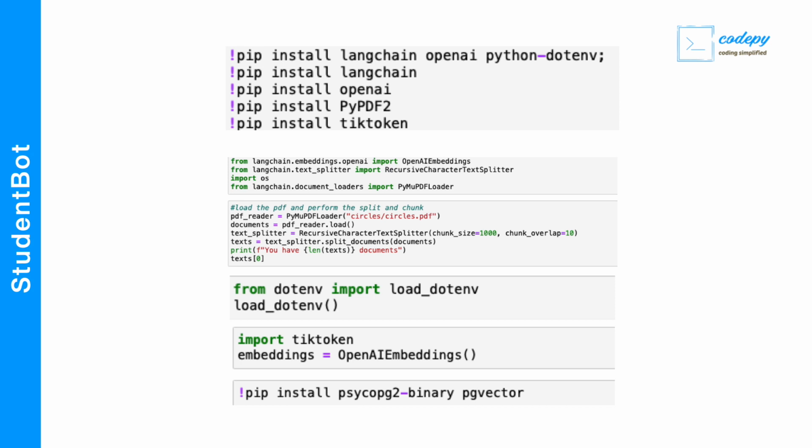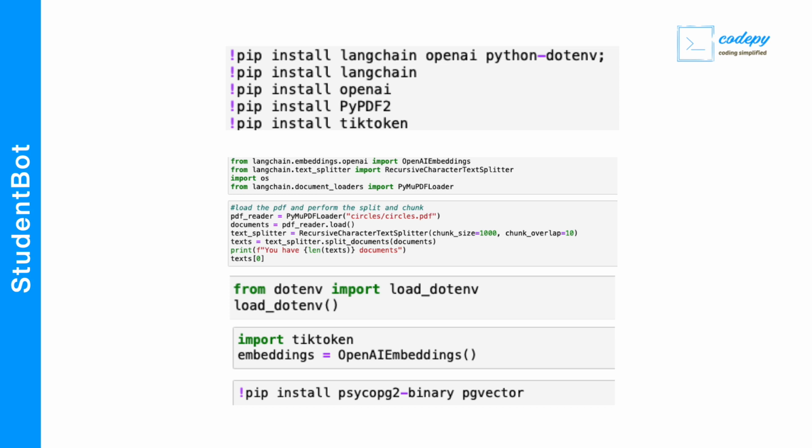So the packages we have used: Langchain, OpenAI, Python, dotenv. dotenv is for loading the environment variables. So pip install Langchain, OpenAI, PyPDF2, which I have used for a specific purpose; you don't need it.